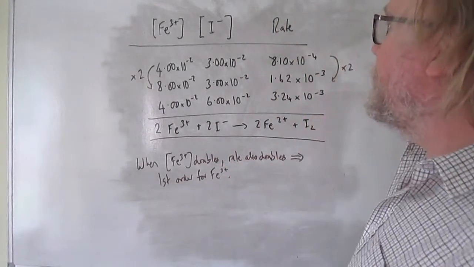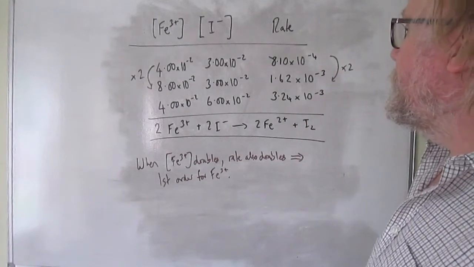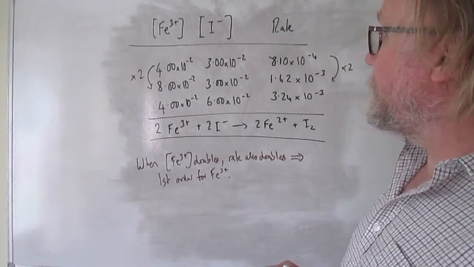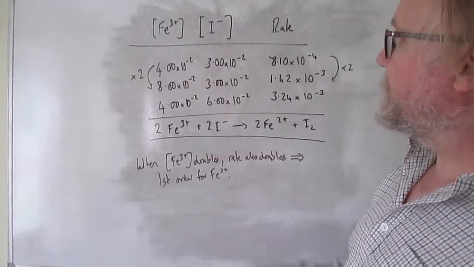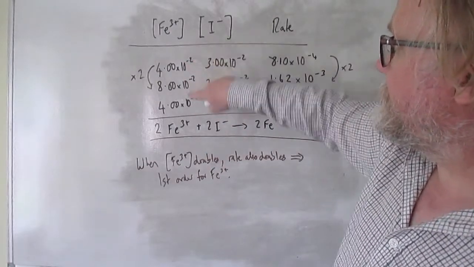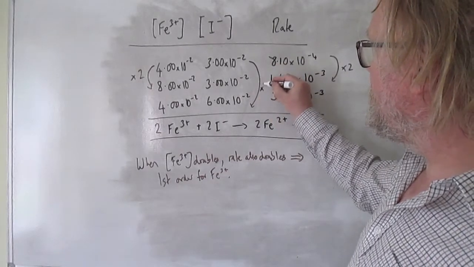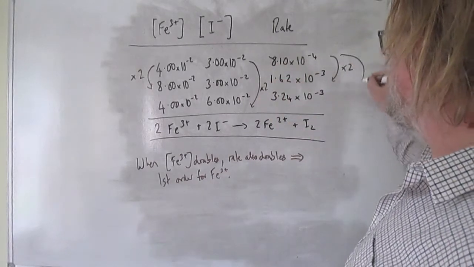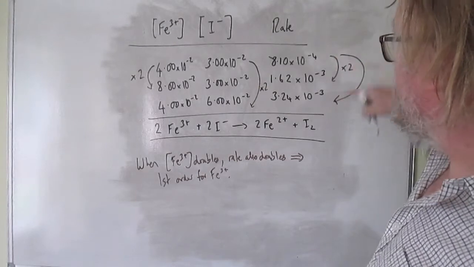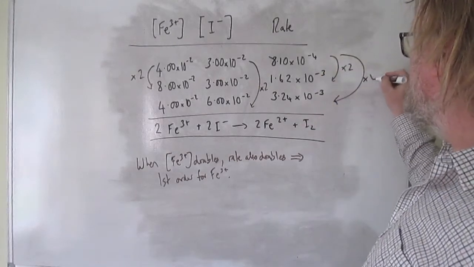And then similarly, if you compare 1 and 3, so the first and the last one, this time the Fe3+ concentration is the same for both, but this one has doubled, and this rate has actually gone up times 4, not just doubled.